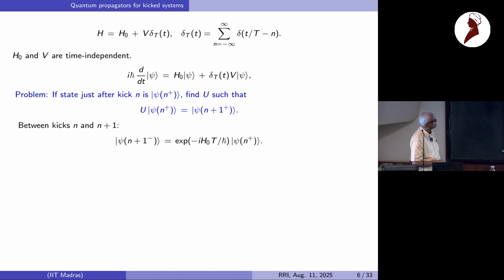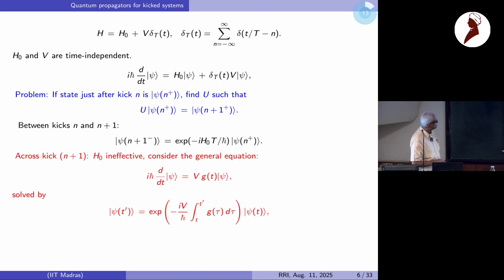Okay. So now the most important thing, as we did there, is to integrate across the kick n plus 1. So I'll argue in the most simple way, almost like H0 is ineffective at this. Otherwise, you can integrate over a short or infinitesimal time and throw this away. So let's say that H0 is ineffective, or we just ignore it.